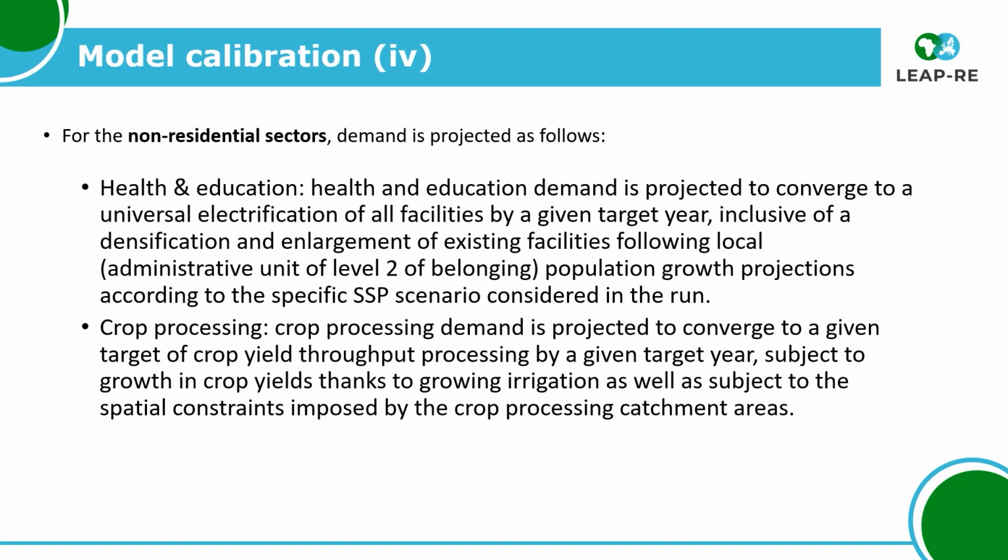And for crop processing, there too, it's a target-based growth. So basically the scenario encapsulates an assumption on which share of crop production should be locally processed by a given target year, and then the model ensures convergence to this policy objective.